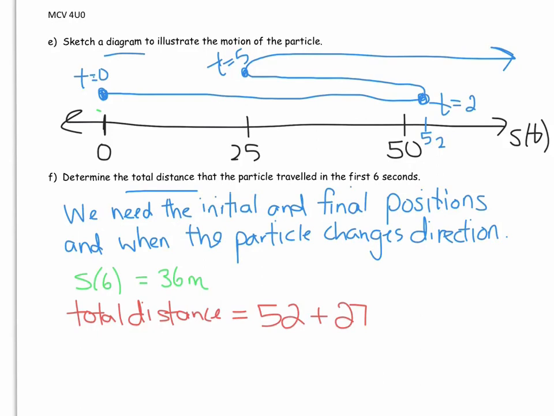From 5 seconds to 6 seconds would be somewhere around here. We traveled to 36, so from 25 meters to 36 meters is another 11 meters. And so the total distance traveled is 90 meters.